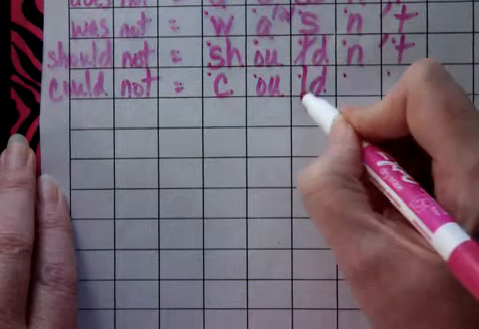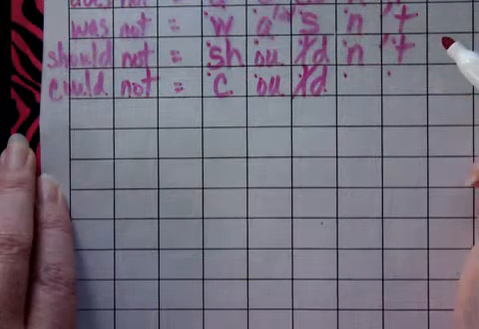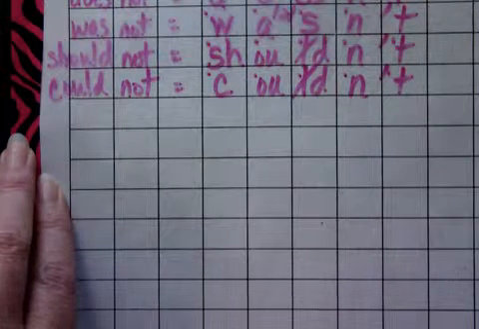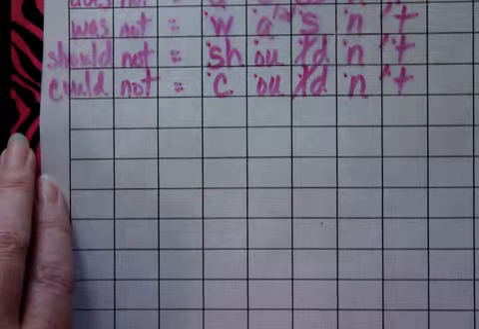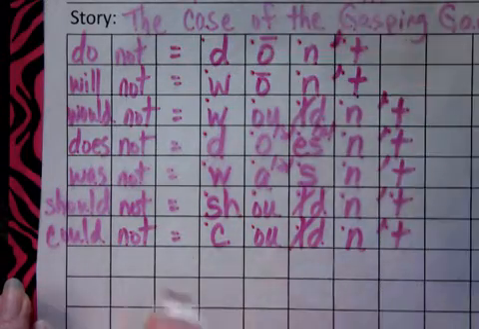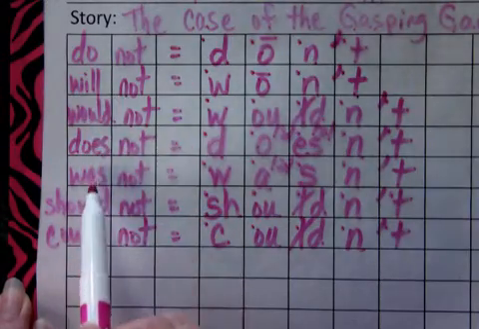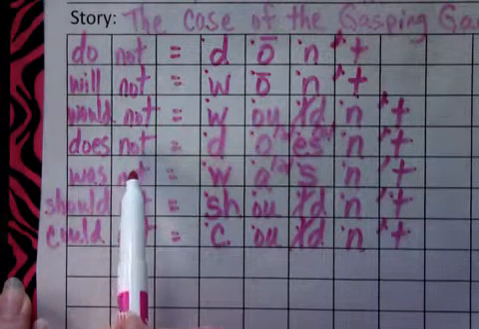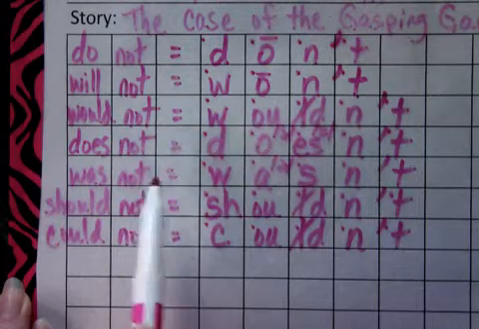D, but we've got that silent L. Apostrophe T. You see how I put all the ones with the not word first in our list so we could get used to that spelling pattern. Most of the words, except for will not, the first word is still the same. All we add is the N, take out the O, make it an apostrophe, and then add the T.